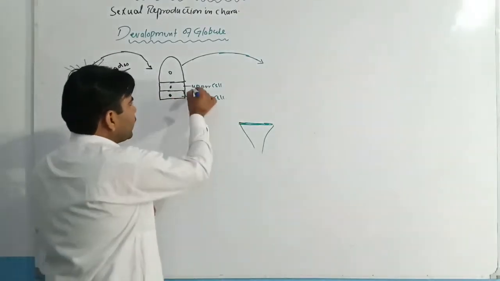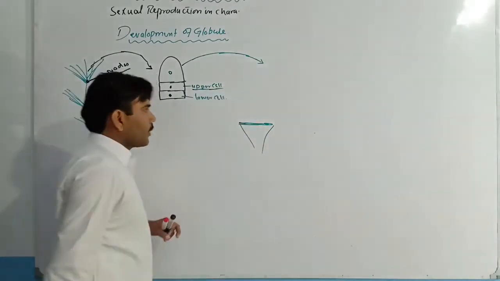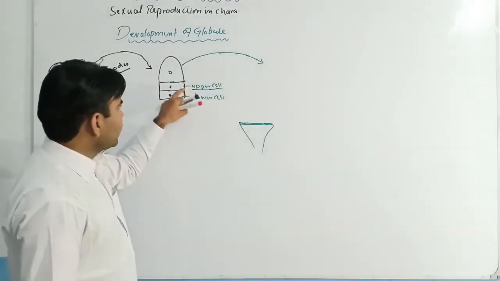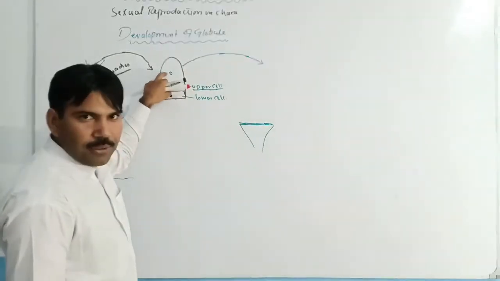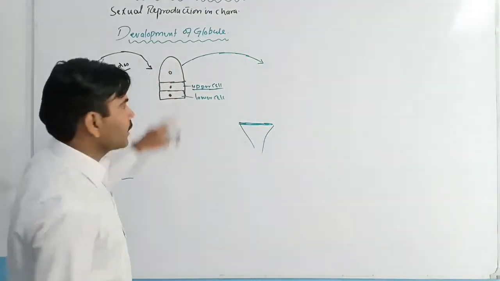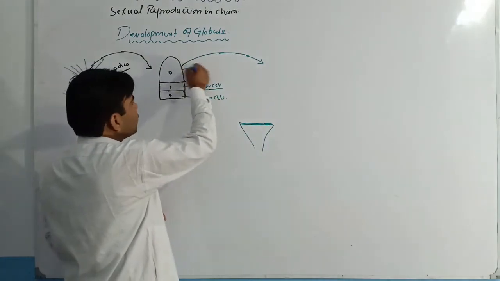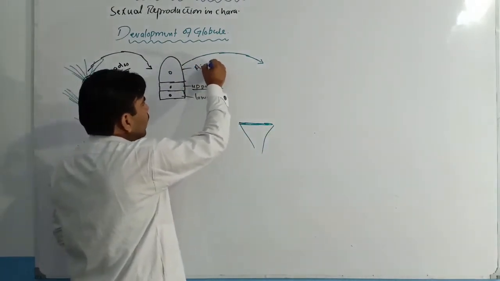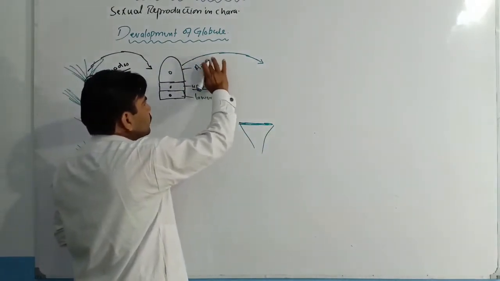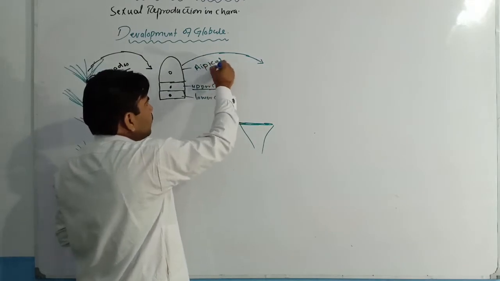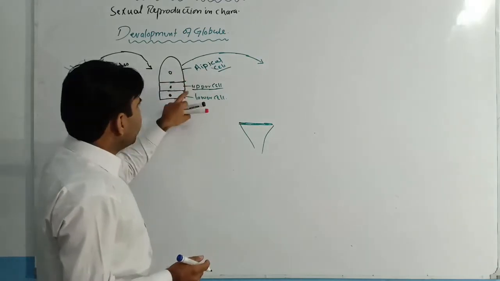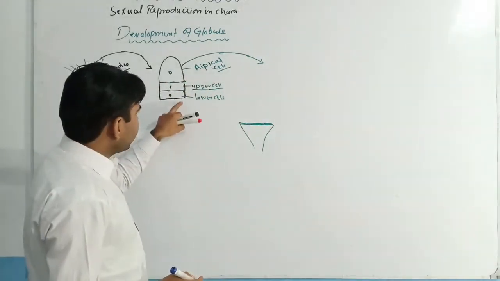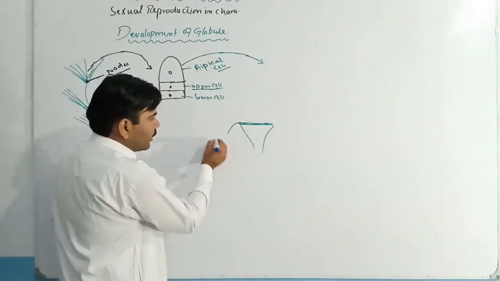But this upper cell, which is attached to the nodal cell and present on the apex, is also known as the apical cell. This upper cell with the apical cell is present, but this cell gives rise to a node.